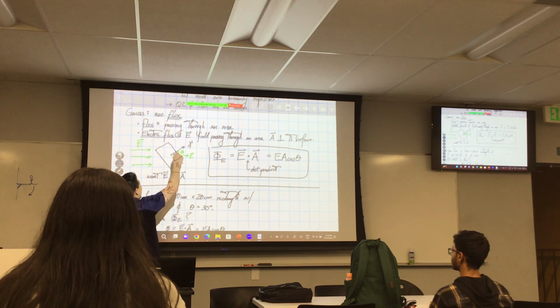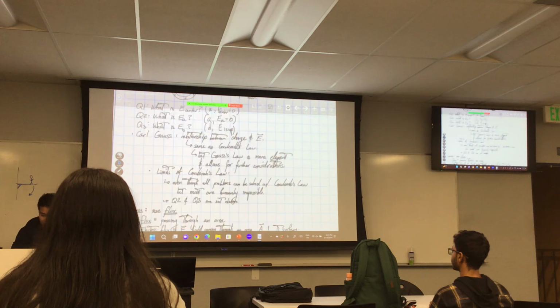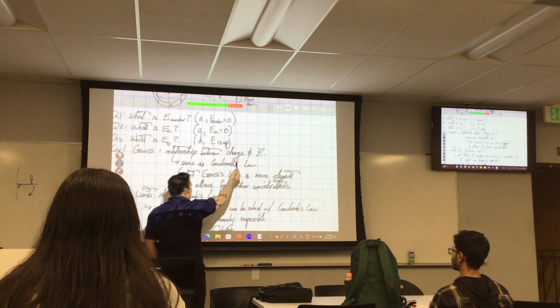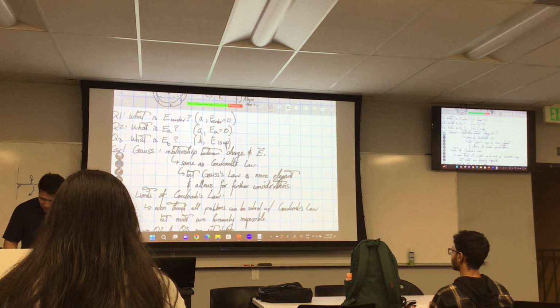But we're going to talk about how this is used to give us a relationship between the charge and the electric field. So this is where we're going to pick up.